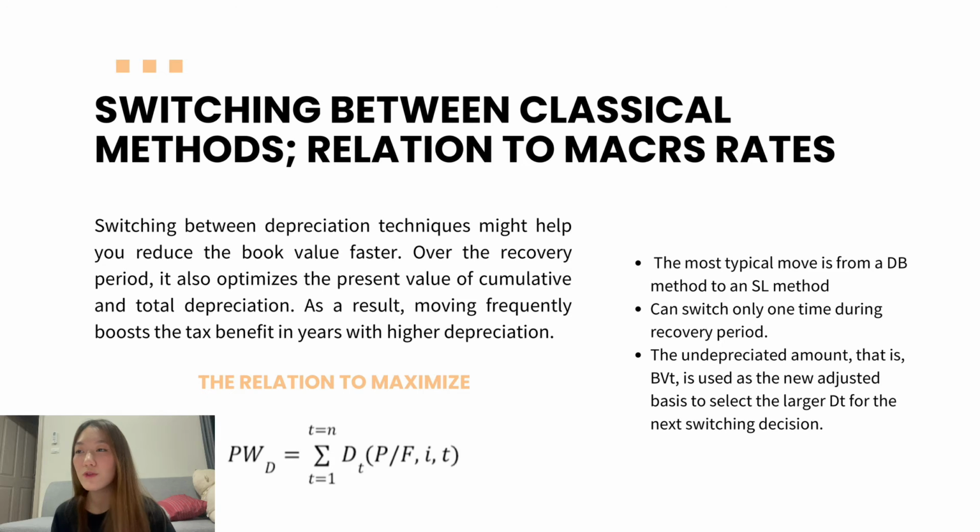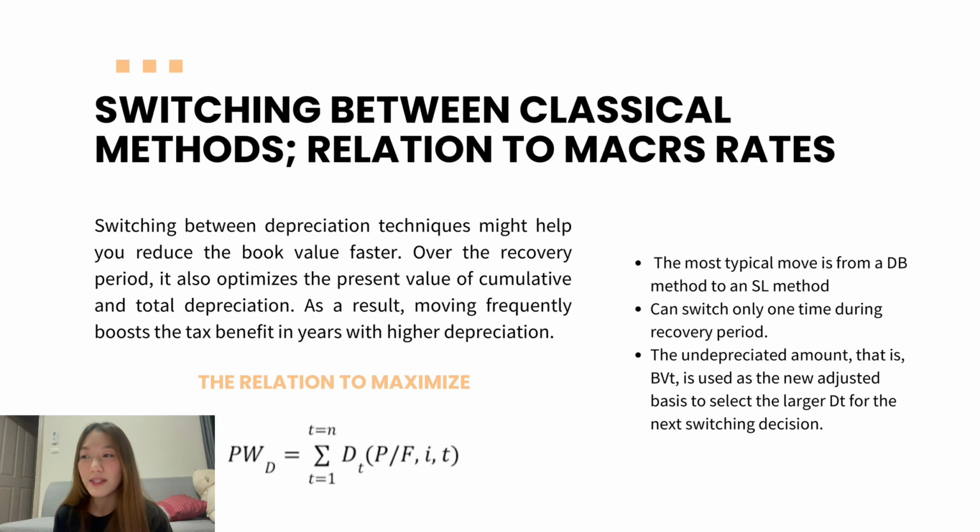The general rules for switching between two methods, there are 4 main rules. The first one is when the present method depreciation for year T is less than the new method, switching is suggested. The depreciation Dt that is chosen is the bigger amount. The second is you can switch only one time during the recovery period. The third is the estimated salvage value must be lower than the book value.